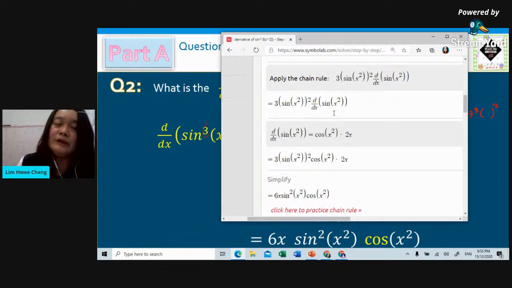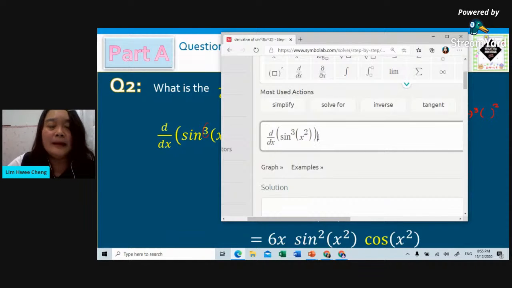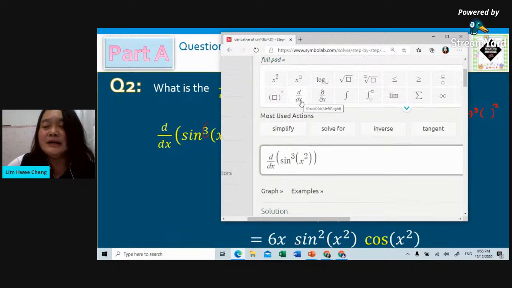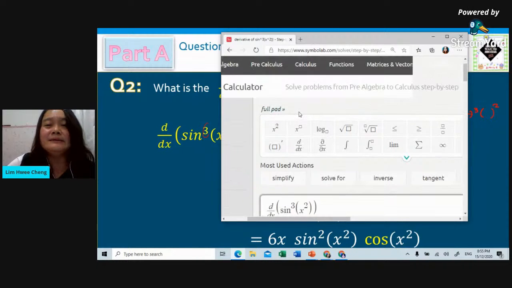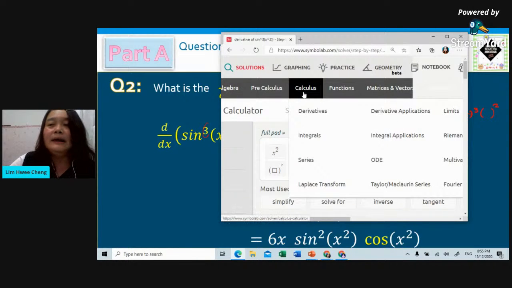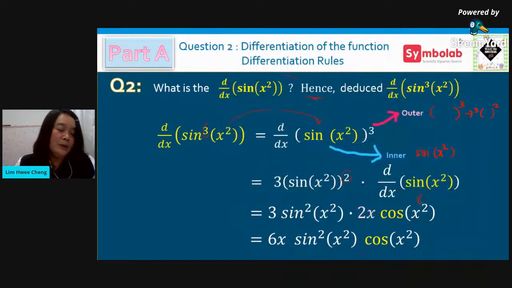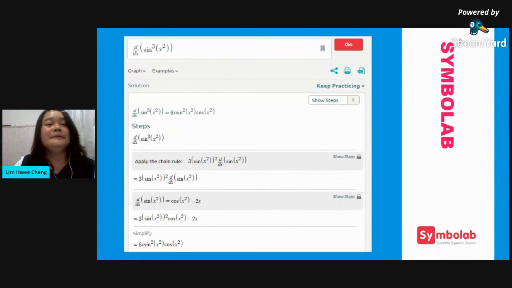You have to know how to give the command, then you can do a lot of exercises yourself and do your self-check. Boleh? Clear? If you want to do the differentiation, you just press this button, d over dx. d over dx is under the topic of calculate. Okay, so we proceed to our next question. We check whether the symbolic app can help us, or you can do the second derivative as this.